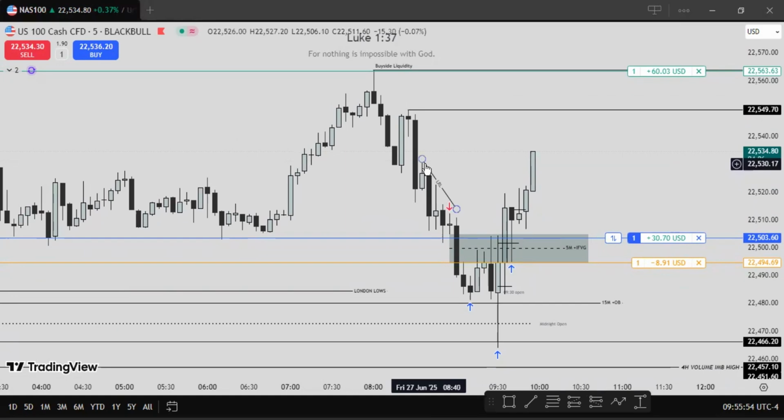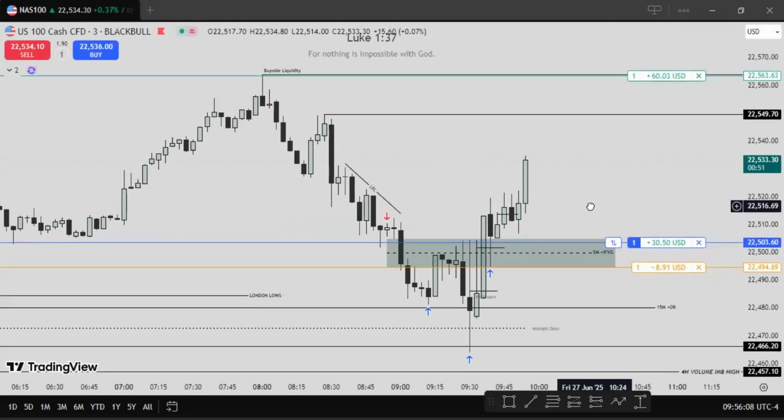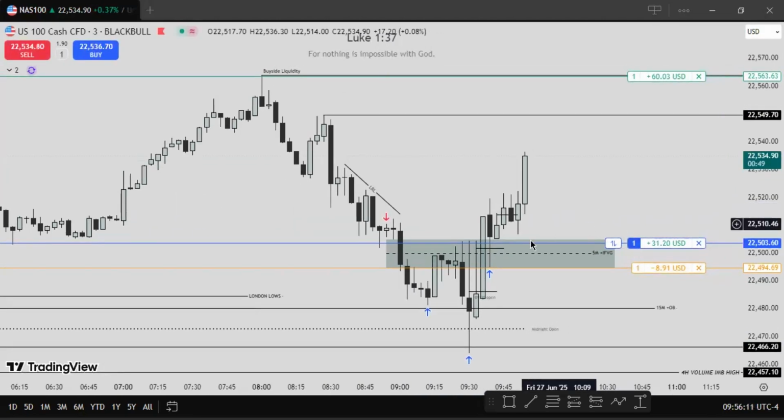I would take partials here if I had more than one entry, because we just took out all that liquidity and we're in this fair value gap here. But because I only have one contract in here, I'm just gonna let it run to my full TP.